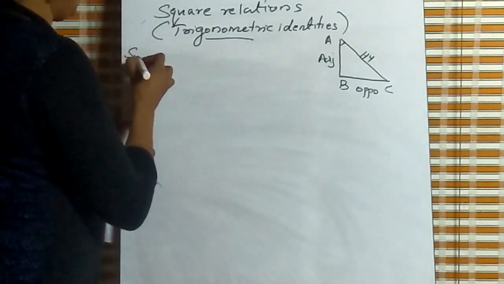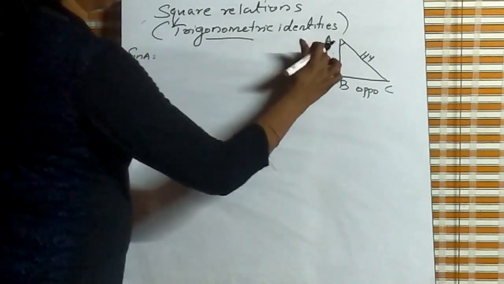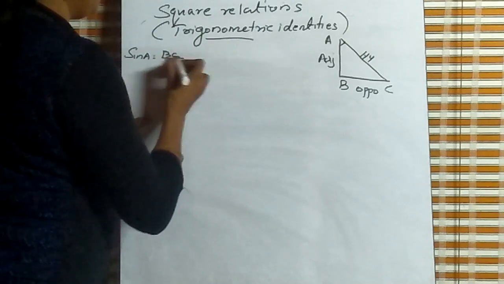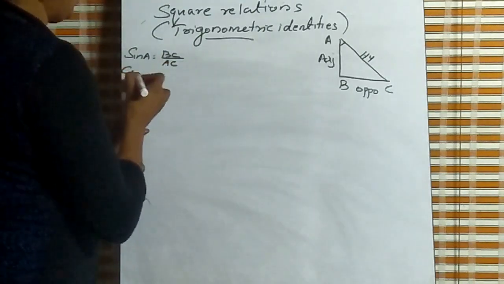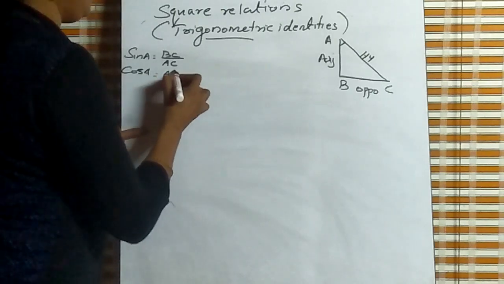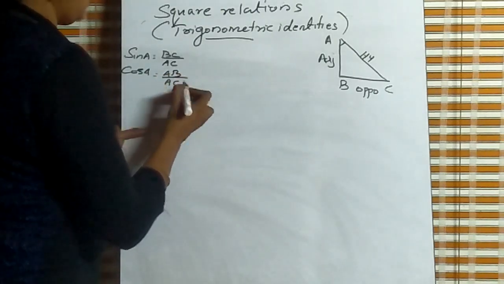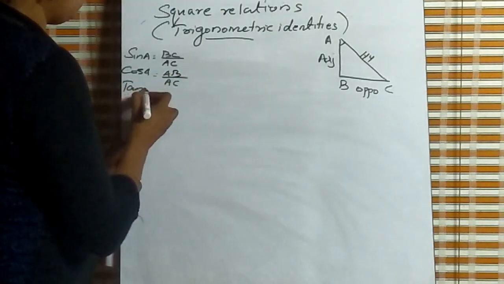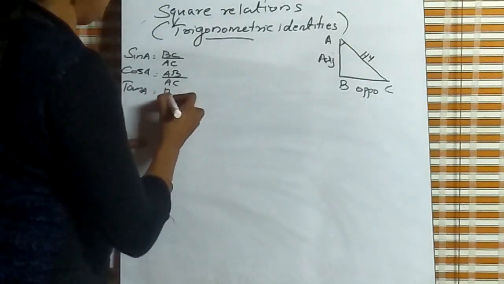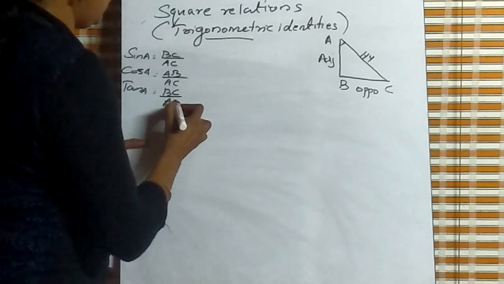First one, sin A. Sin A is equal to opposite side by hypotenuse, BC by AC. Cos A, adjacent side by hypotenuse, AB by AC. And tan A, opposite side by adjacent, BC by AB.